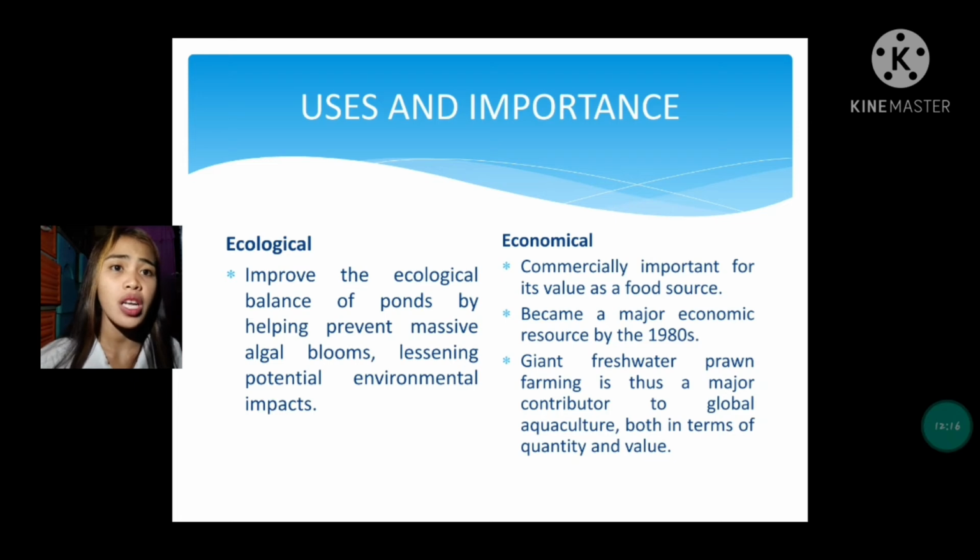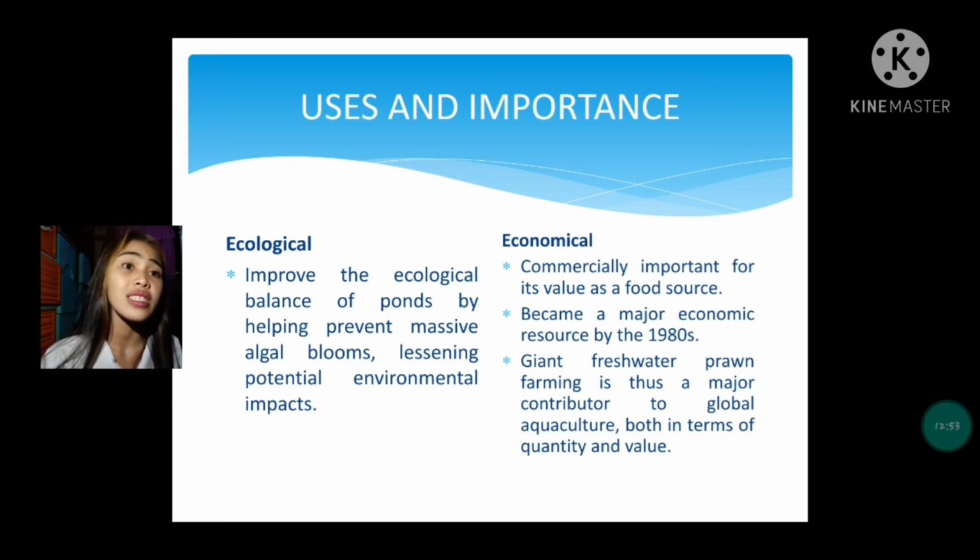It improves the ecological balance of ponds by helping prevent massive algal blooms, lessening potential environmental impacts. Culturing giant freshwater prawn helps prevent the increase of cases of algal blooms. It helps the environment. Algal blooms are bad because many species are affected when they occur.